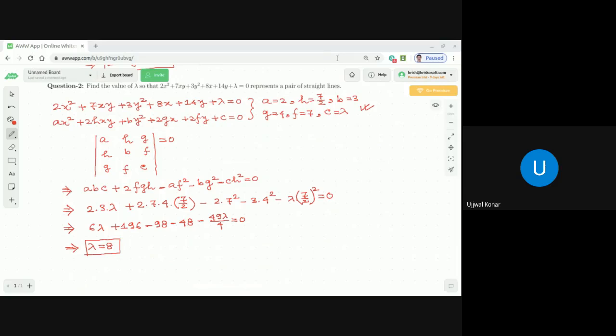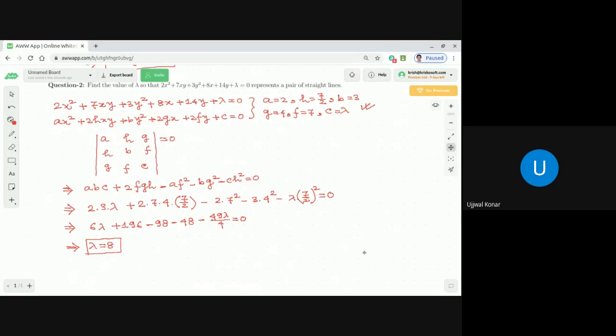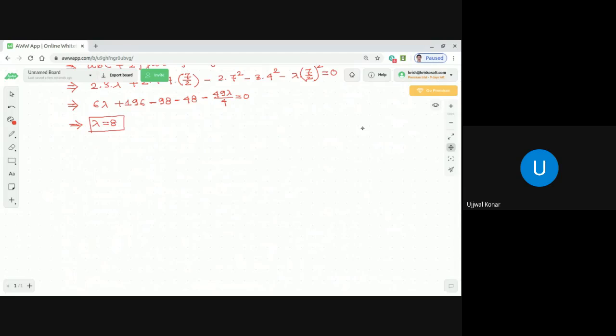Okay, dear students, I hope it is clear. Now let's proceed further for the next topic. The next one is very interesting. If you see, there are two equations, general equations of second degree. Let me use a different color.